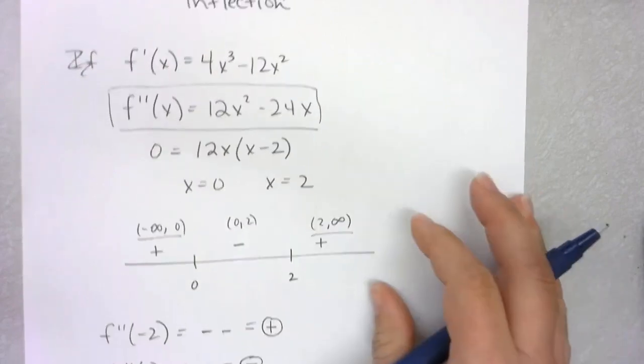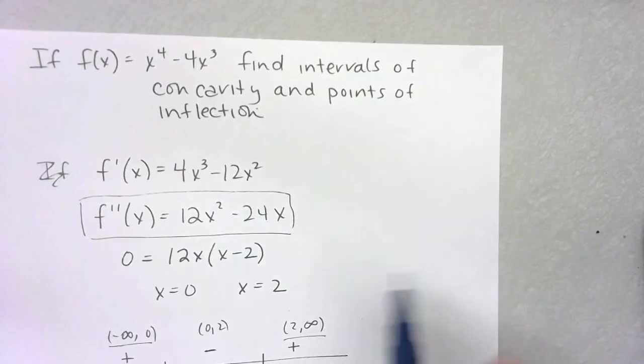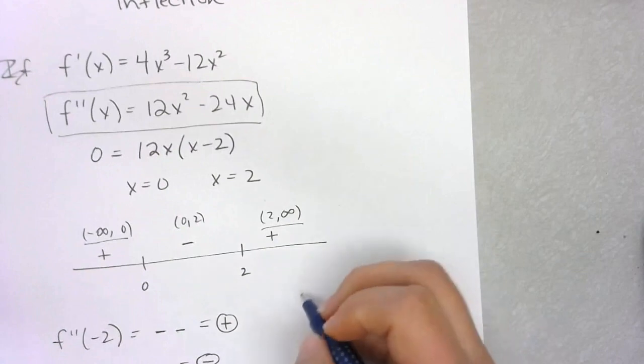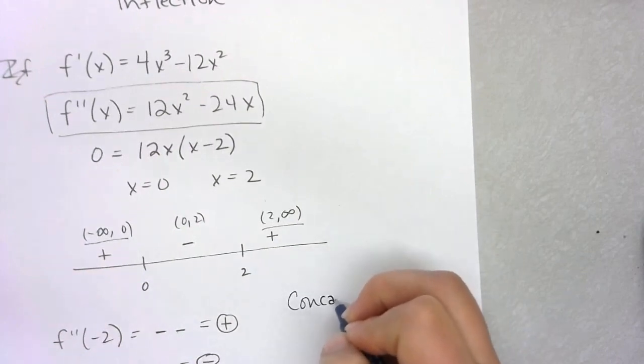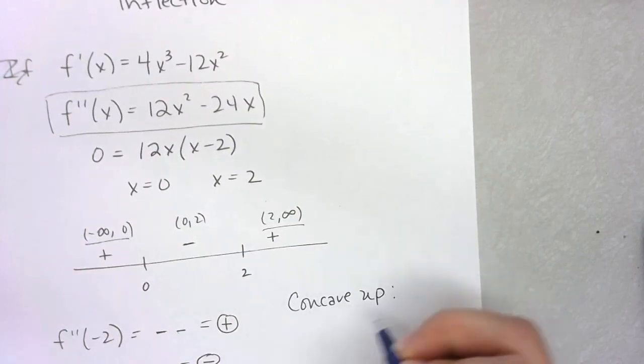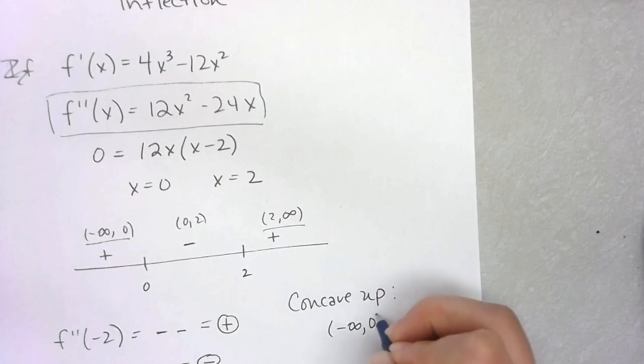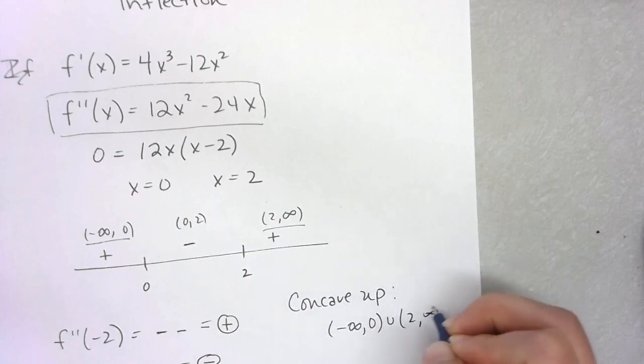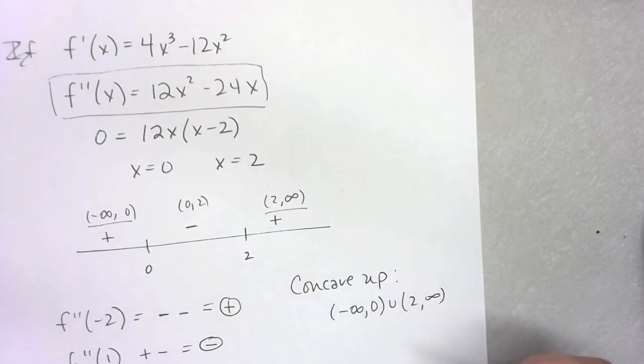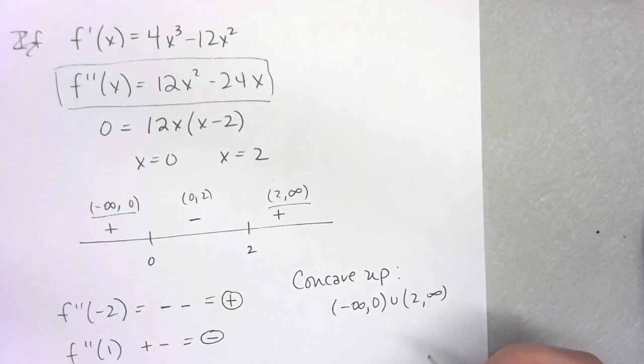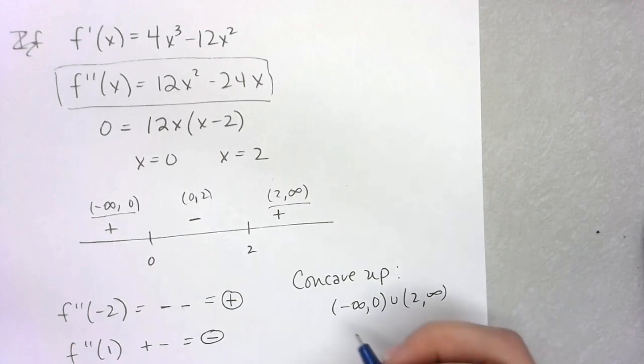I could write that out formally. Oh, actually no, it did say find intervals of concavity. So let's write that. Concave up in the intervals from negative infinity to 0 and from 2 to positive infinity. You can write these as inequalities as well, but I think it's easier to just use interval notation if you feel comfortable with it.